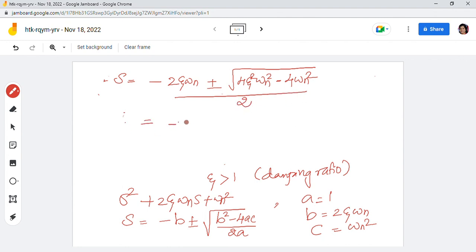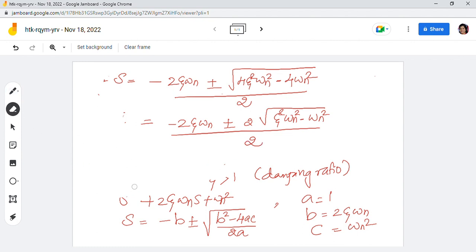That is equal to minus 2 eta omega n plus or minus 2 into root of eta square omega n square minus omega n square, taking the 4 common and bringing it outside the square root, the whole divided by 2.